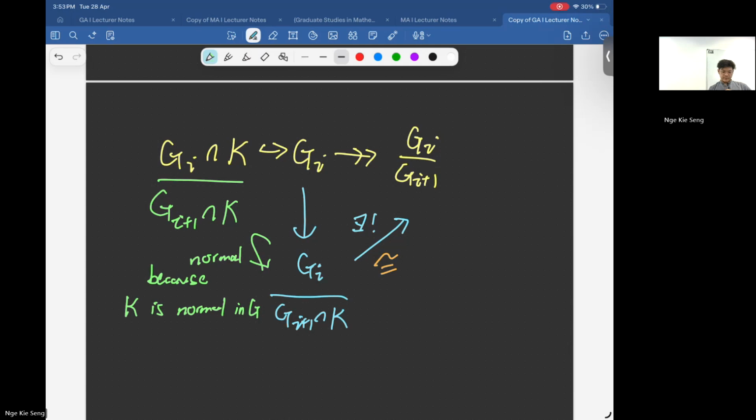And GI over GI plus 1 is simple. GI over GI.